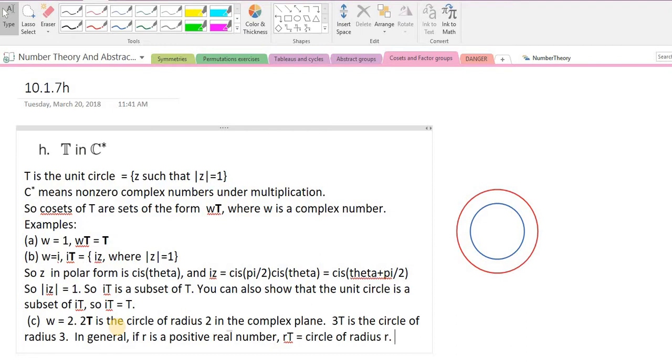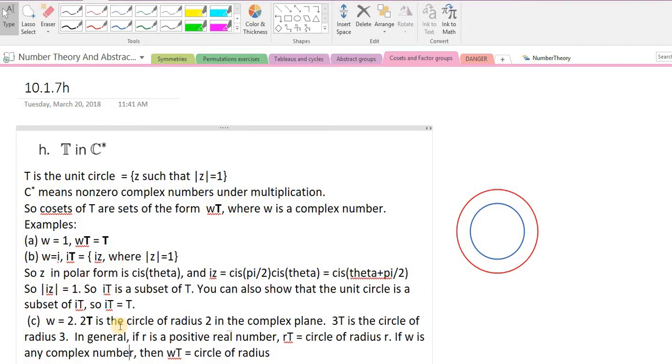But we're not done, because the cosets mean I can multiply any complex number by T. Then wT is equal to the circle of radius what? Well, here I'm talking about w, so r is no more.